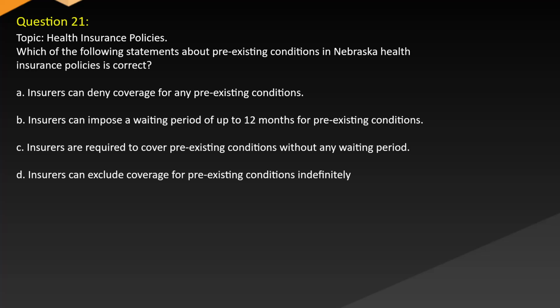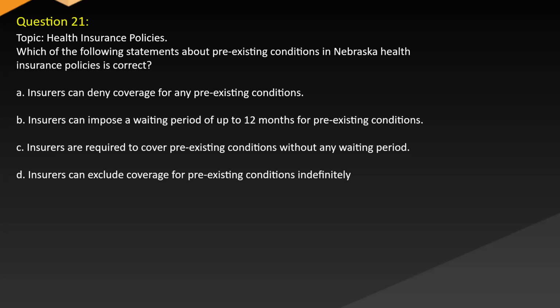Question 21. Topic: Health insurance policies. Which of the following statements about pre-existing conditions in Nebraska health insurance policies is correct? A. Insurers can deny coverage for any pre-existing conditions. B. Insurers can impose a waiting period of up to 12 months for pre-existing conditions. C. Insurers are required to cover pre-existing conditions without any waiting period.